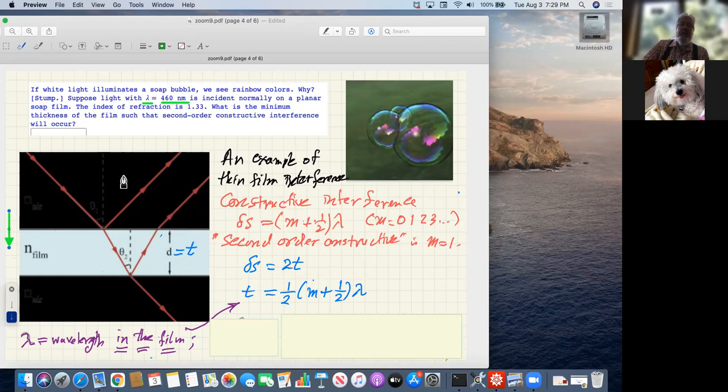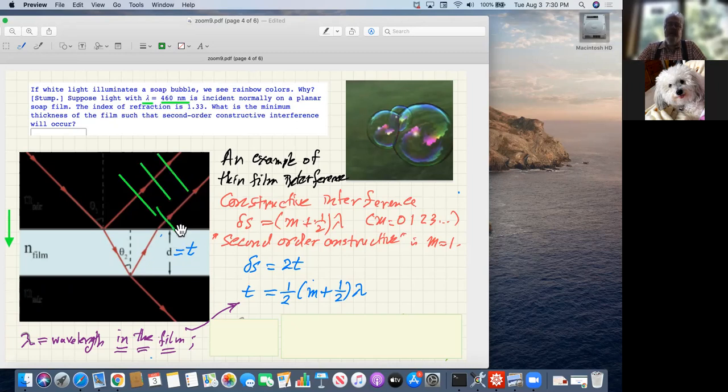So it's kind of like the case of Newton's rings. We have light reflected from two surfaces. And so the outgoing light, these are just the rays, but the waves are perpendicular to the rays.